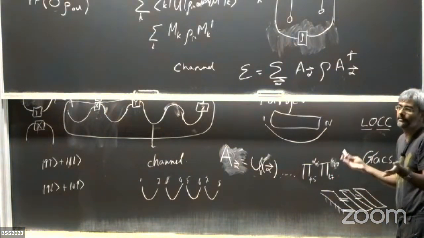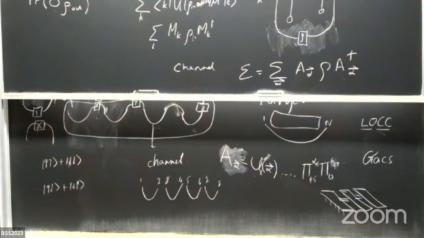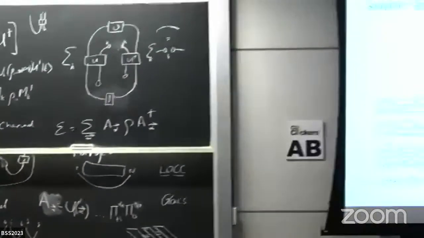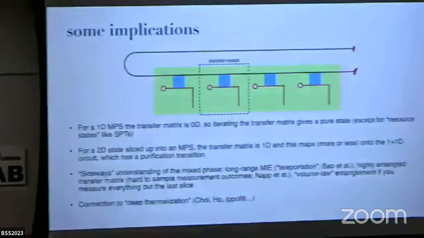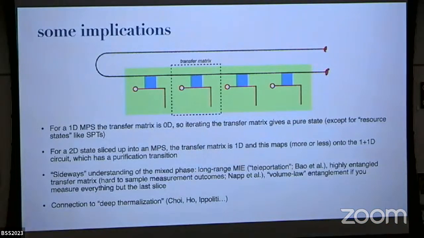It turns out that these products do exhibit more interesting behavior. The really interesting thing is that in two dimensions, where the transfer matrix is one-dimensional, there's an actual transition in the spectral structure of these products of transfer matrices, and this corresponds pretty much exactly to the random tensor network transition that Raman talked about.